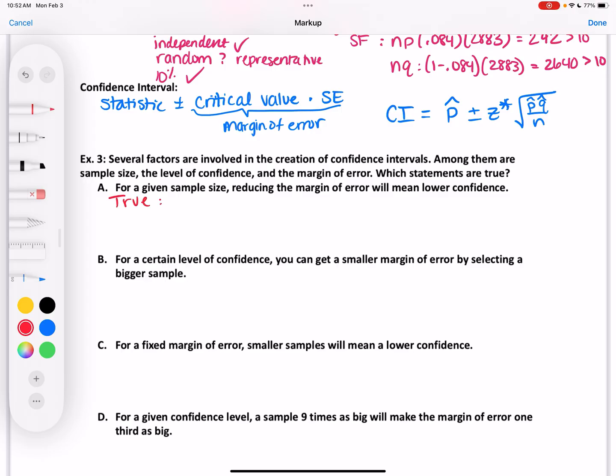All right, so it is true. The interval, and I'm going to put the why behind it just so that y'all know why. So the interval will be smaller. So we will be less confident that we capture the true proportion.